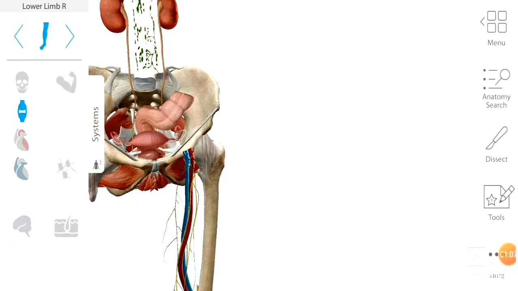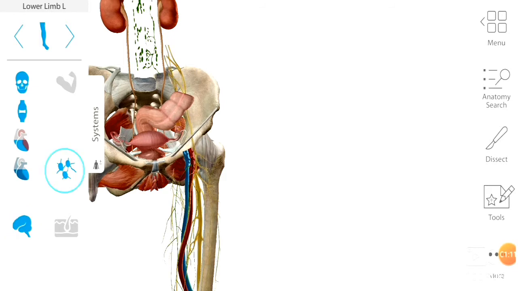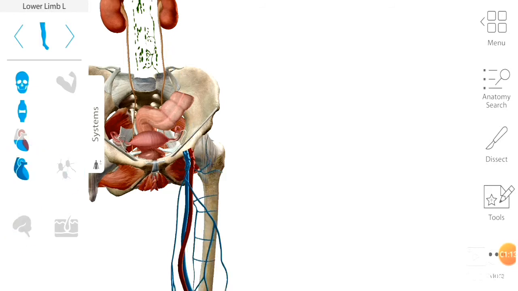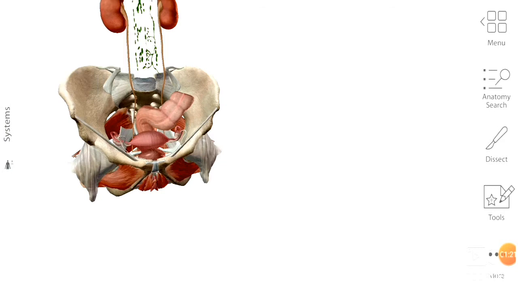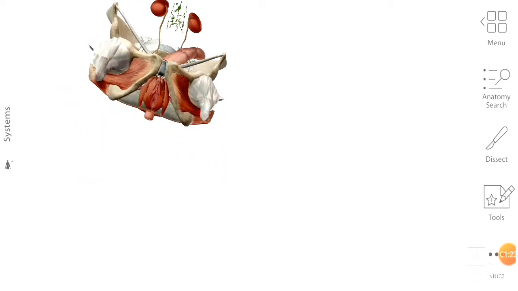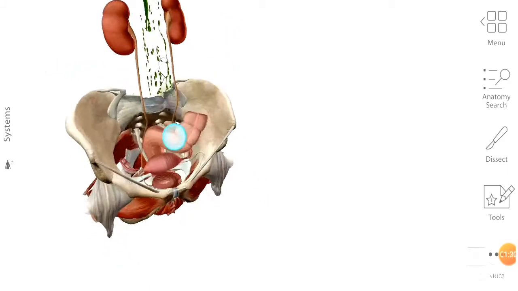Just to remove any doubt over these concepts, I am removing these structures, and the later part of the video includes all the structures of the perineum for better understanding of the neurovascular supply. So I am also going to remove the neurovascular system, including the lymph nodes and the musculoskeletal system of the lower limb, for better understanding of the perineum from the inferior view.